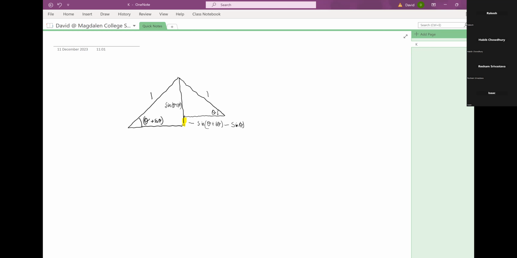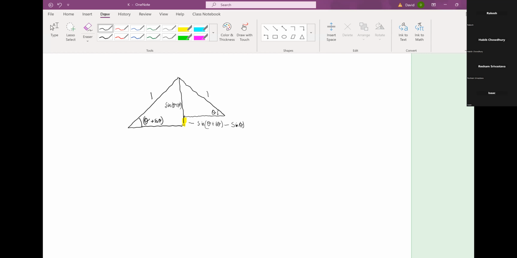And so the question is, how do I find that yellow distance?